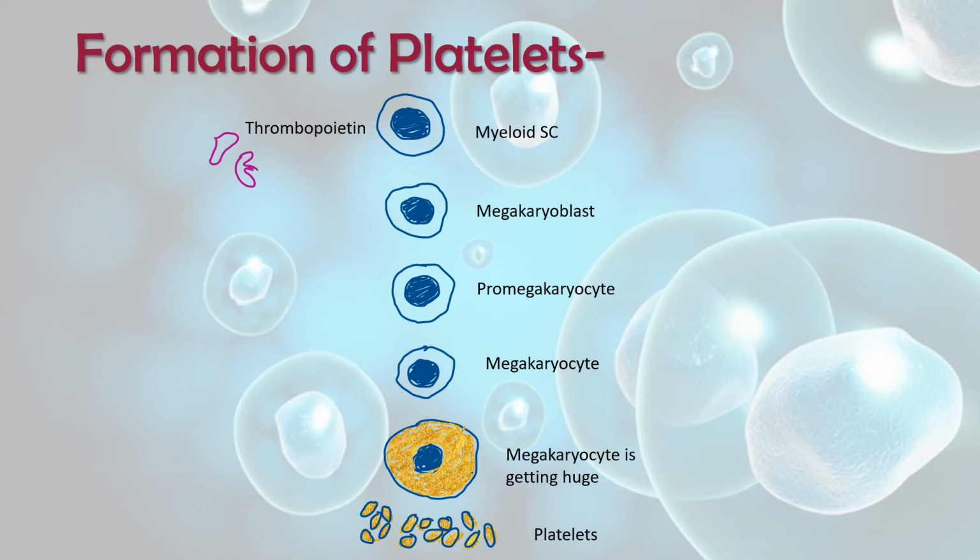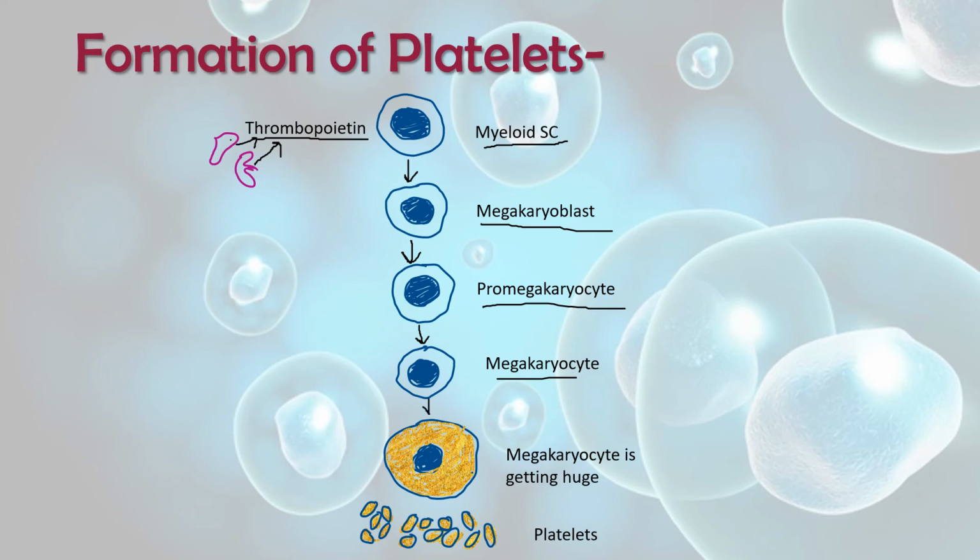In this, the myeloid stem cell or myeloid progenitor cell, under the influence of thrombopoietin, which is the hormone secreted by the liver and kidney, differentiates into megakaryoblast. From this megakaryoblast, the pro-megakaryocyte is formed, and from the pro-megakaryocytes, the megakaryocyte is formed.